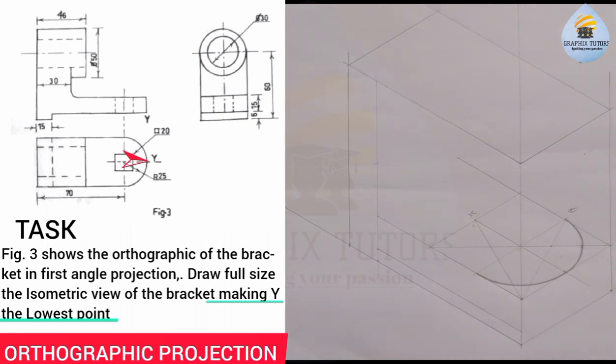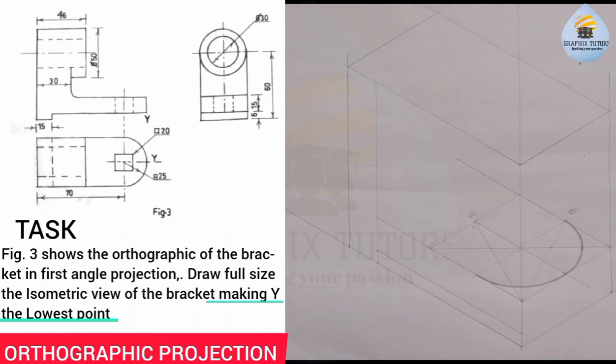Right, now if you look at this, the plan is telling me it's a curve and this is a curve, but the elevation is making you understand that the one we just did is the top. There's also the same thickness at the base here. So I'll repeat the same thing at the base here, right? Because it has up and down. I only did the up, remain the down. So I'll just take my instrument here.